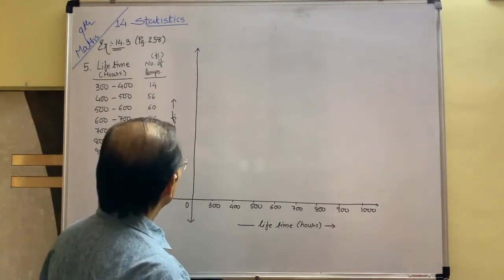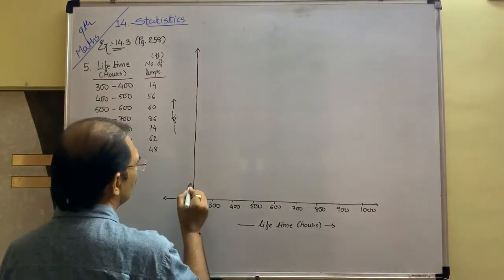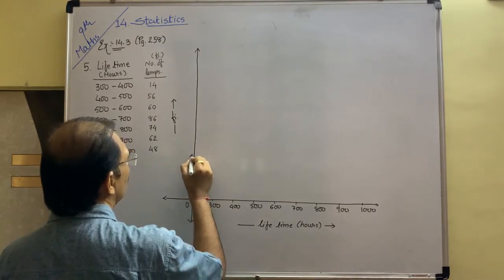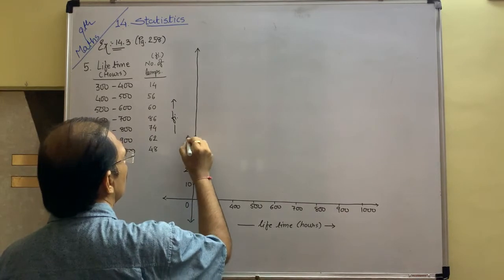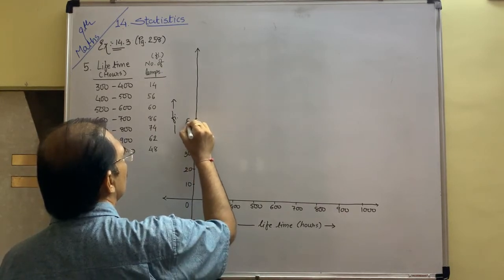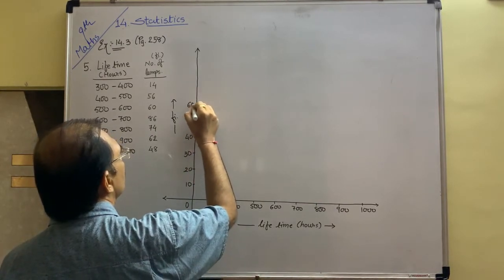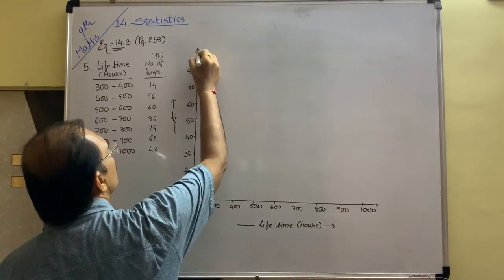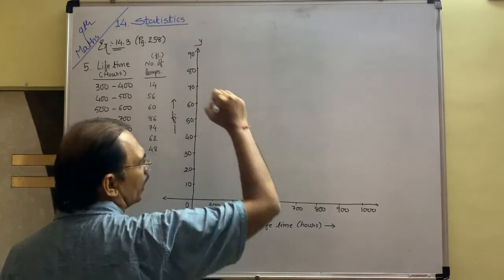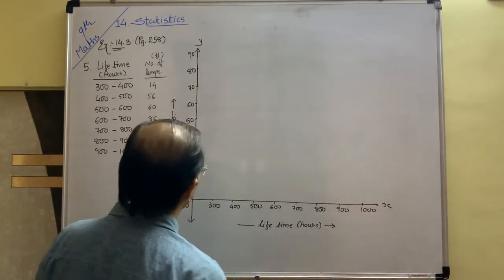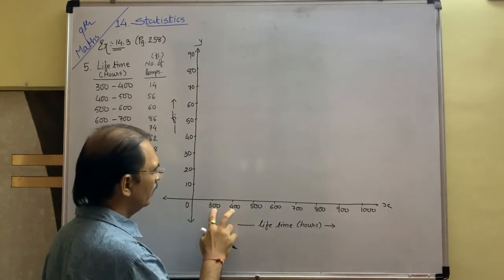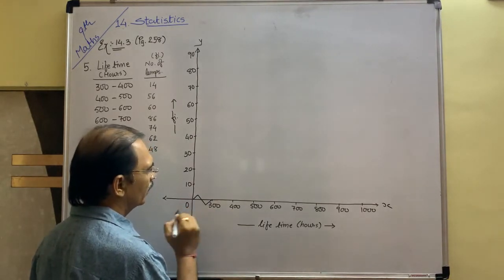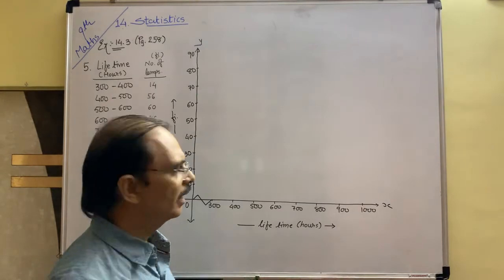So at that time you have to do 10, 20, 30, 40, 50, 60, 70, 80 and 90 on the y-axis. On the x-axis the gap is of 100. Here from 0 to 300 there is a gap, so you have to draw a crink, a break sign.